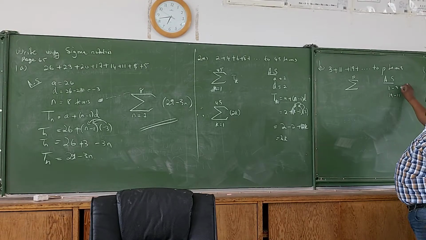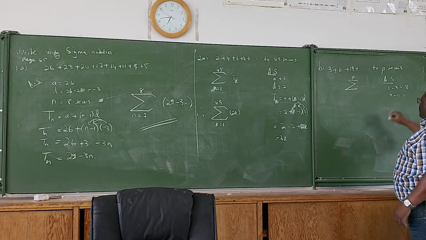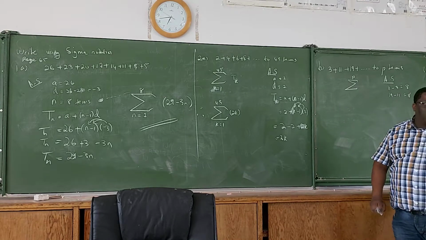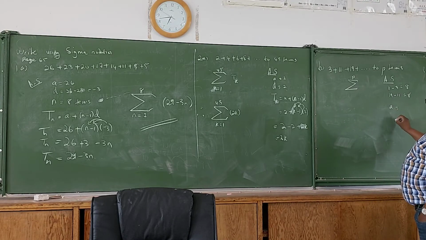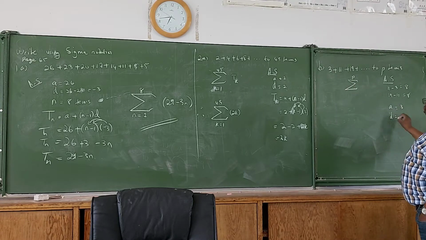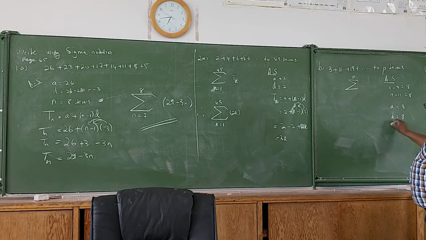What is 11 minus 3? And what is 19 minus 11? Good. So it's an arithmetic series with first term equals 3, with common difference, or constant difference, 8. How many terms do we have?